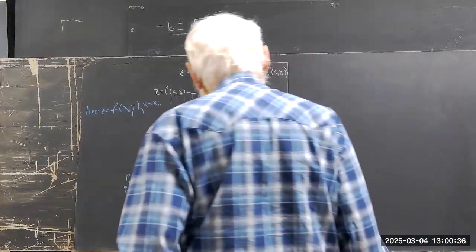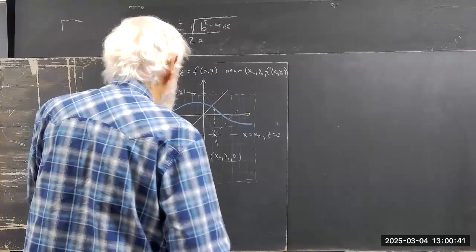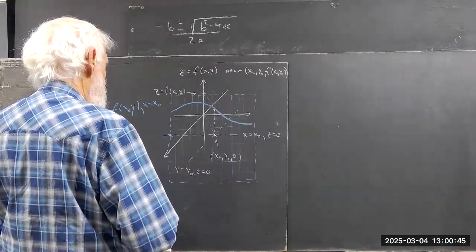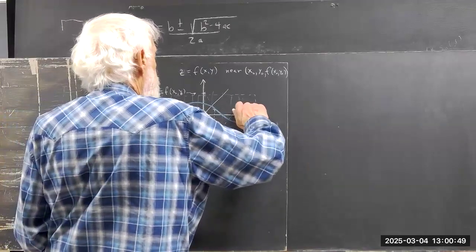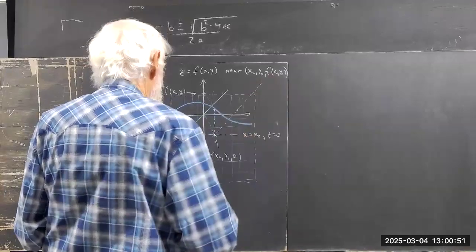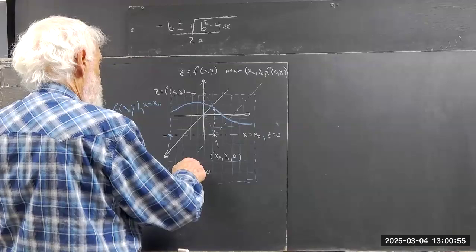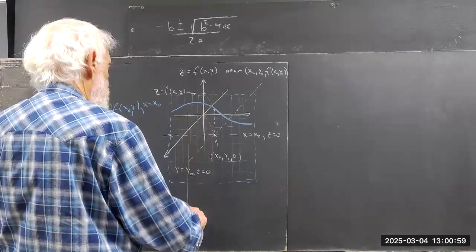Now, I can sketch the plane perpendicular to this one. I'm going to extend this line out, come up over this line and then down.